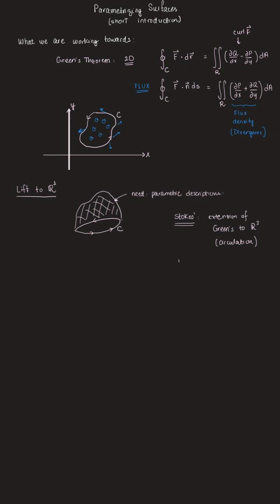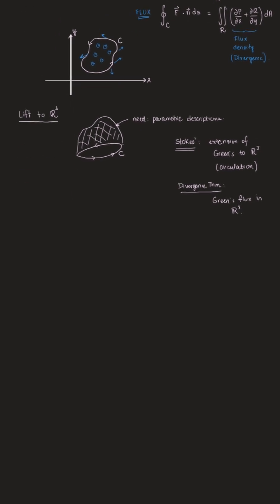And divergence is slightly different, but the divergence theorem will extend Green's flux, lifted up to space. That is the idea behind the divergence theorem. I won't talk about the theorem just yet, but that's what we're trying to work towards. And to do any of this, we've got to jump into R3, which means we need to learn how to parametrize surfaces in R3. And so what does it mean?